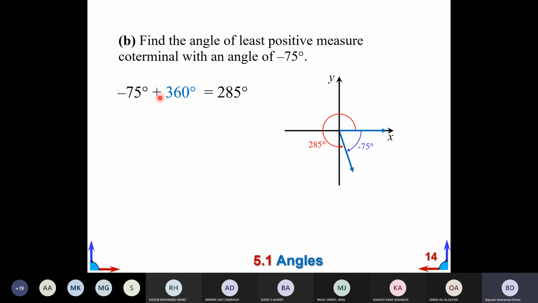In this case, we add 360 to find the least positive. If you add another 360, that is 720, you will get a larger angle, right? No, we don't want a larger angle. We want the first positive angle, which is 285. That's why we call it least positive, the first positive angle.